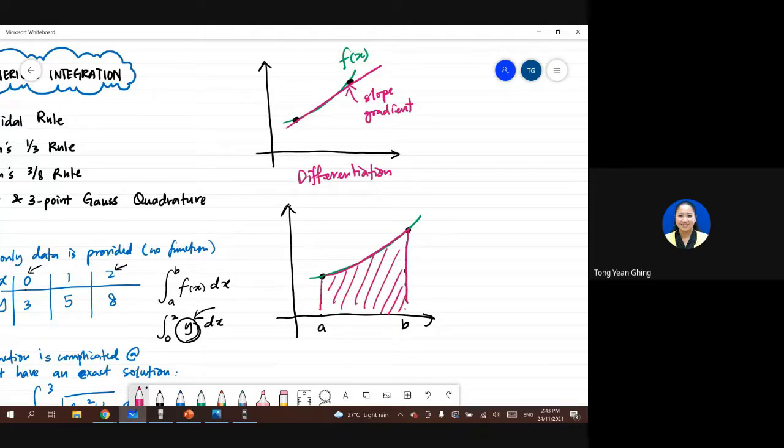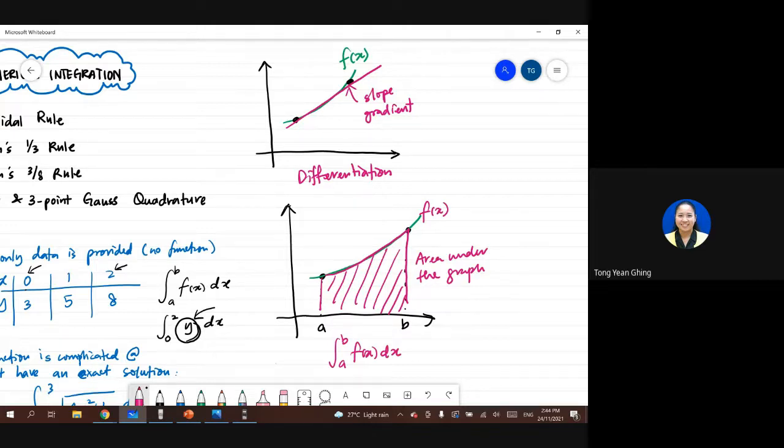So that means we want to find the area under the graph. Let's say this is f(x), so we integrate from A, the upper limit is B, f(x) dx. So we get this one, the area.